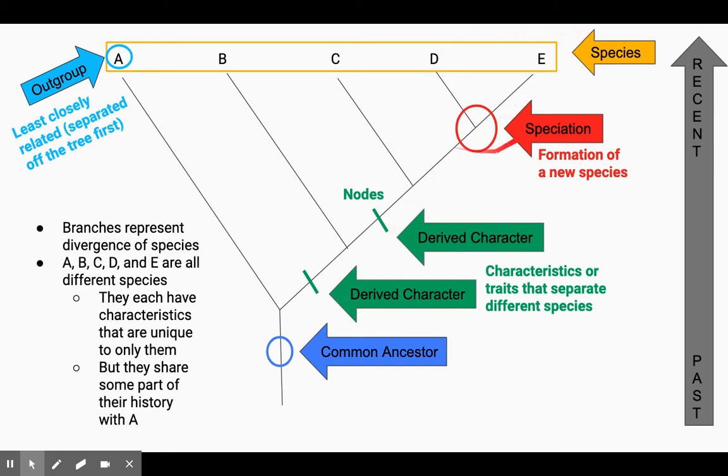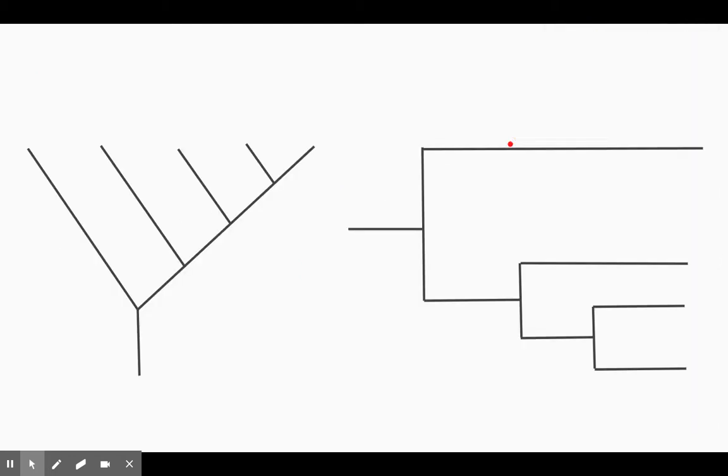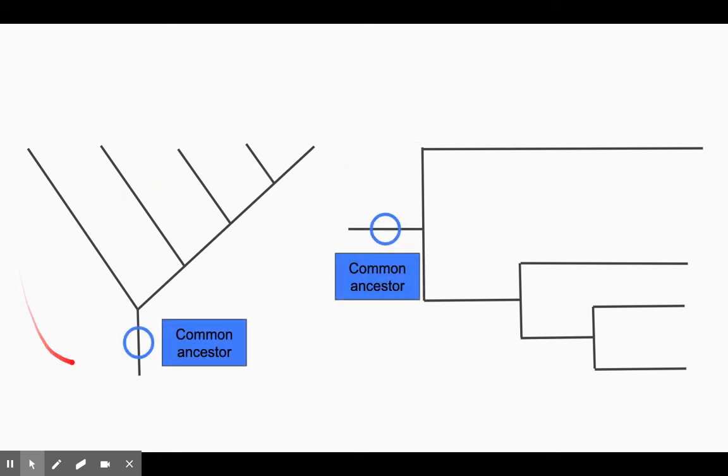Now, D and E, because they are the most recent and they have the most characteristics in common, we would call those the most closely related. So D and E are the most closely related species that we have. Now, there are two ways that we can draw phylogenetic trees. The first way is how you just saw it.